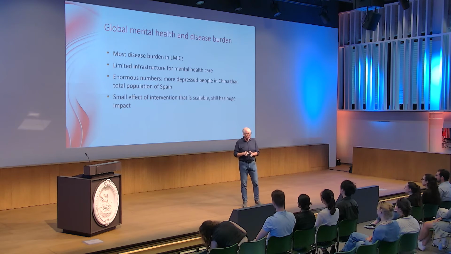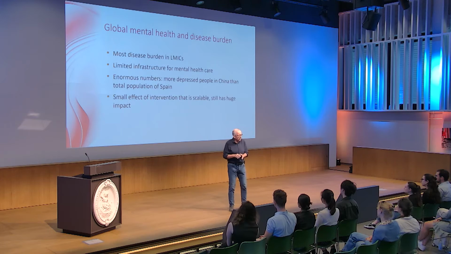But for global mental health, it really doesn't matter that much. There are, for example, more depressed people in China than the whole population of Spain. And there are more depressed adolescents in India than the whole population of the Netherlands. So think about the numbers of people we're talking about.